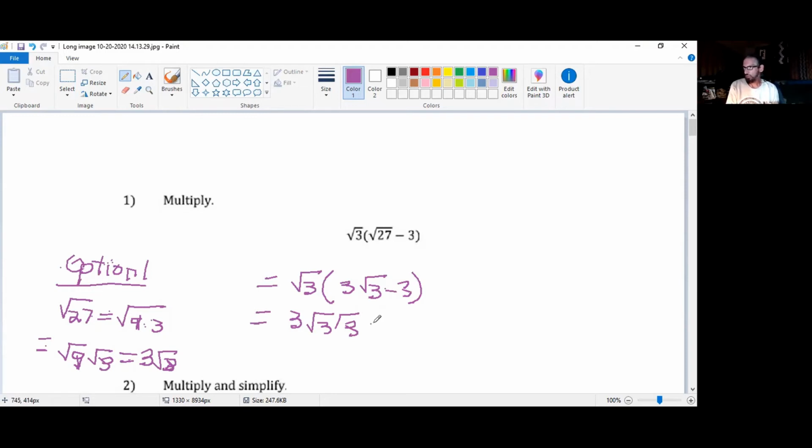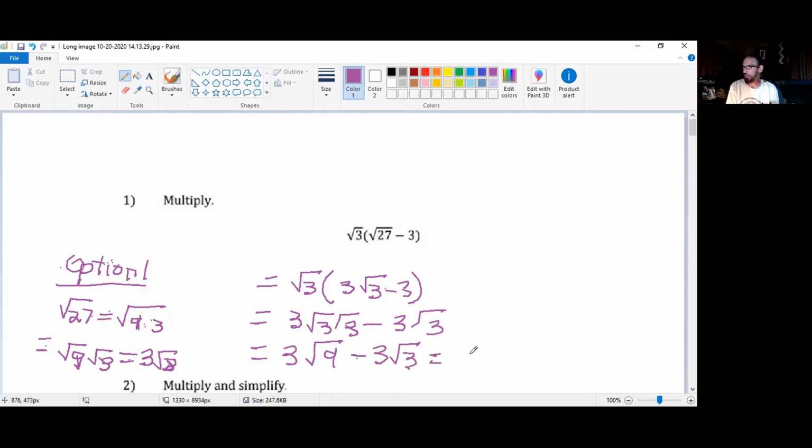Same thing for this. The square root of 3 times square root of 3, there's a few ways we could view this, but we could go with the product rule in the other direction, put them together, and do the multiplication inside. Square root of 9 is 3.